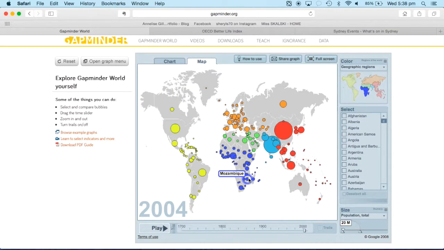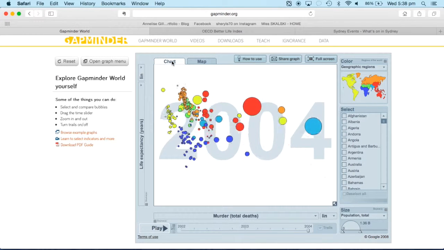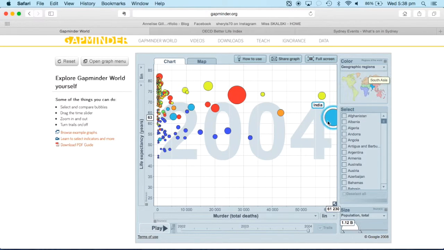So for someone who doesn't want to be murdered, we're looking for the places with the smaller dots. And people who do want to be murdered, is this right? This doesn't look right. People who do want to be murdered, oh, it is too. I didn't think China and India were so dangerous.